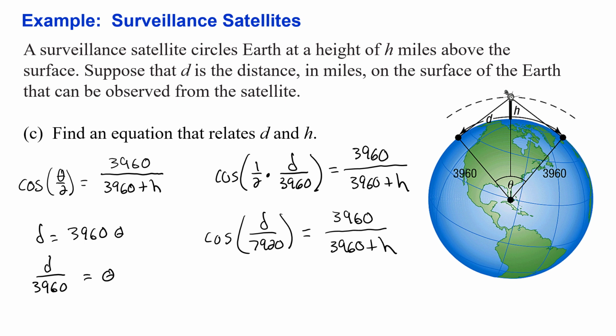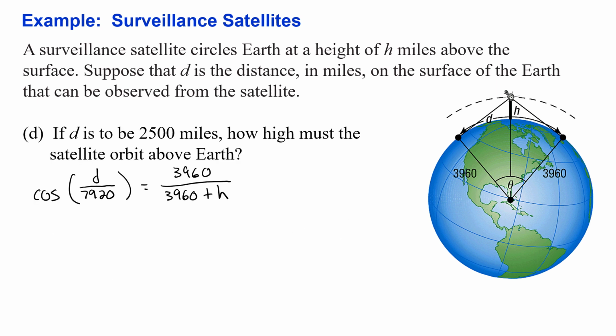And this last equation is an equation that relates d and h. Part D of this problem says if the distance d is to be 2,500 miles, how high must the satellite orbit above Earth?